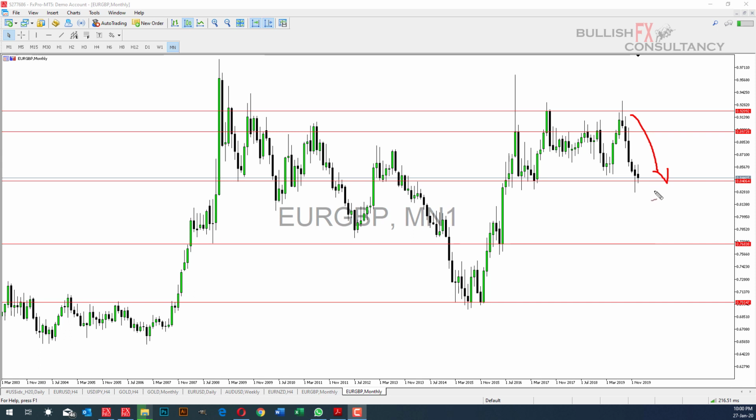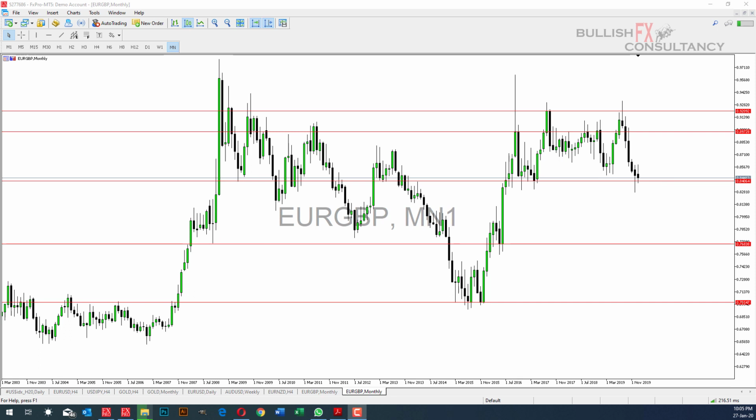The reason why I'm saying I'm bearish on euro pound is because right now large moves are happening going to the downside. We've had large moves going to the downside, and then there was a bullish pullback here and then another pullback here, but this supply zone here is in control of the market.